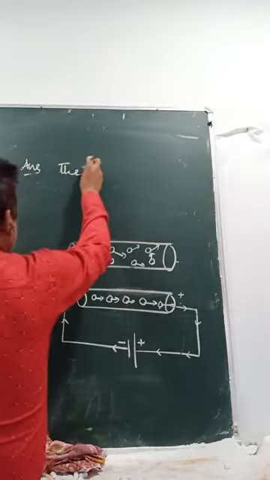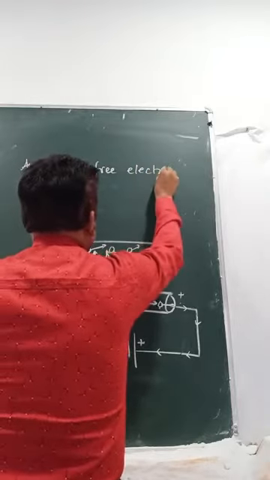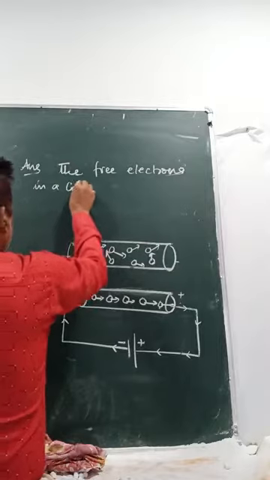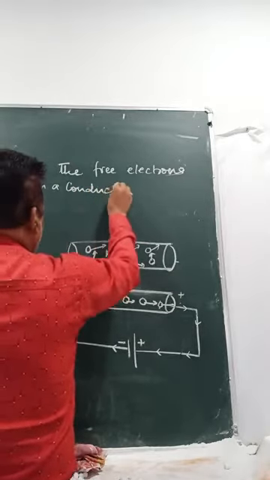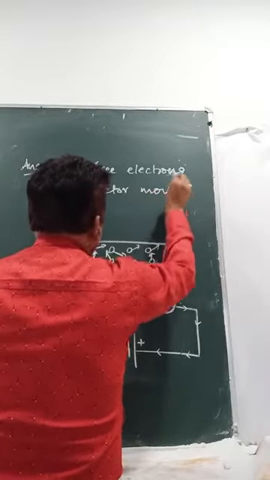The free electrons in a conductor move randomly.